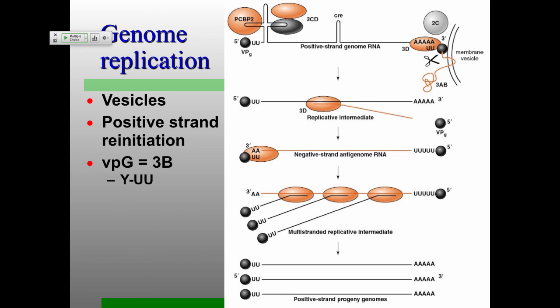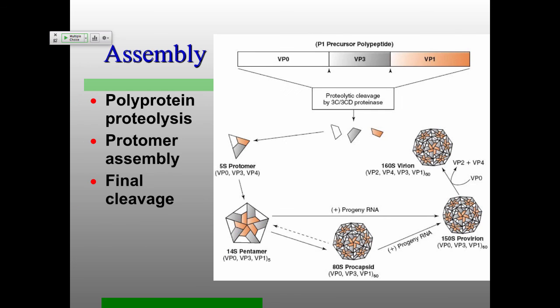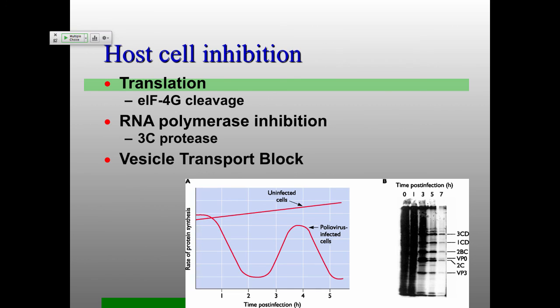Here we have replication at vesicles, probably just by pulling all of the appropriate proteins together. And if you're dependent on vesicles for replication, it's going to be to the advantage of the virus to have lots and lots of vesicles. And so the viral proteins also block vesicle transport, so they get stuck inside the cytoplasm.